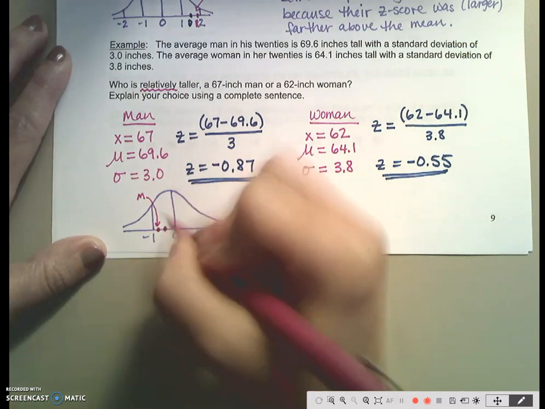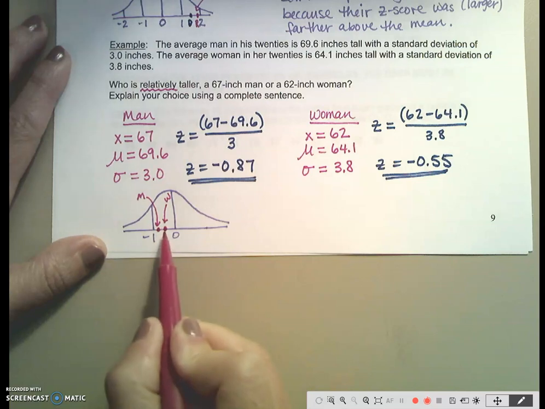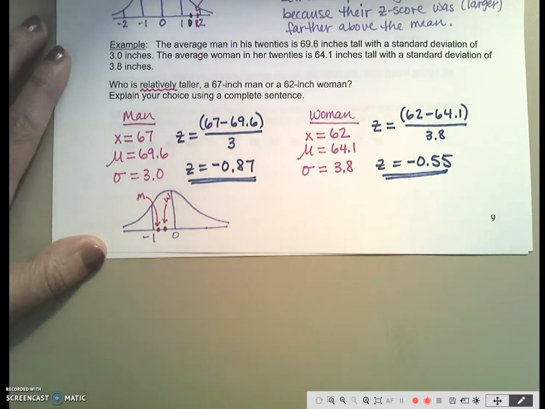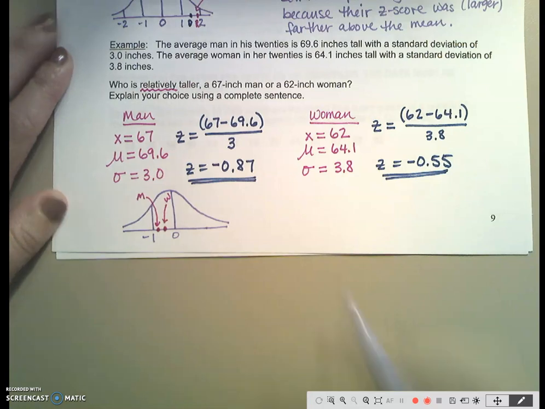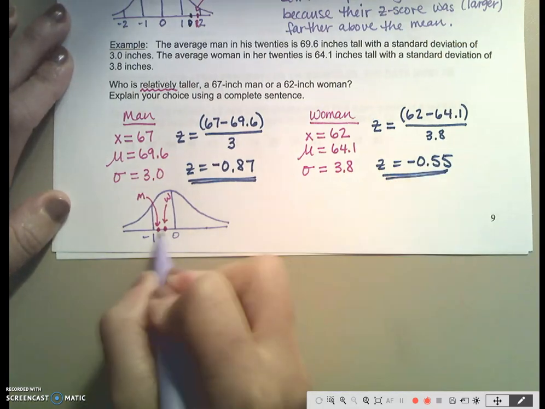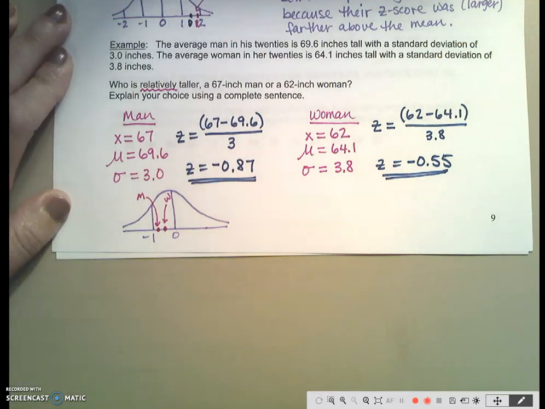And then the woman would be right here, negative 0.55. So in this case, we're trying to figure out who's relatively taller, so who's further on the right, and it would actually be the woman. So because she's closer to the mean, and in terms of height, the man is more below the mean than the woman is. So that would make the woman relatively taller.